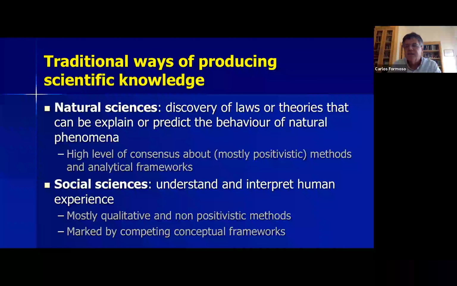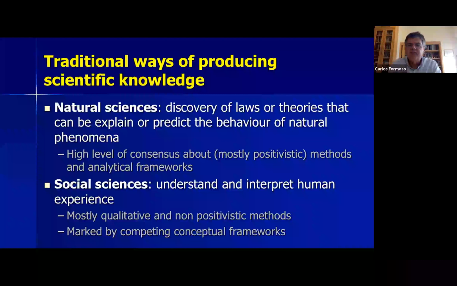In order to understand design science research, it is very important to explain the traditional way of producing scientific knowledge, right? And we can divide the traditional academic research in two large categories of sciences.